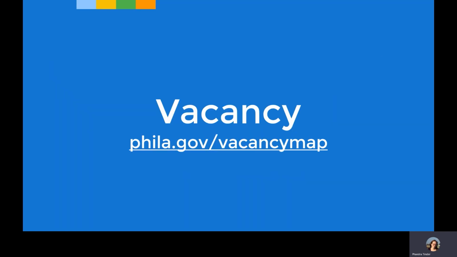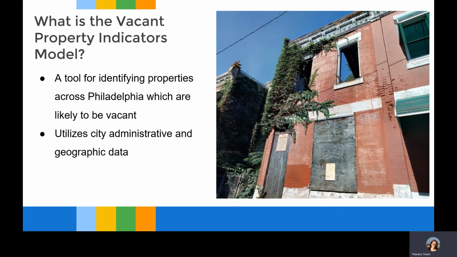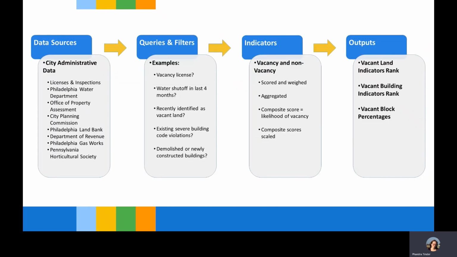We have a specific site called phil.gov/vacancymap that is built off of that vacancy model that I mentioned before, that is used to identify buildings that are likely vacant. So I'm just going to give a very brief overview of this because it is fairly complex, but it takes these various data sources from these vastly different departments, looks at what reasonable questions about things that would indicate vacancy.